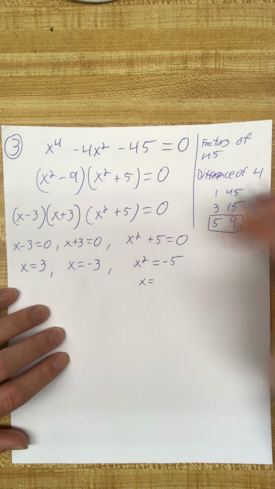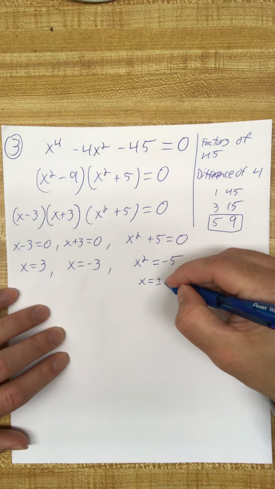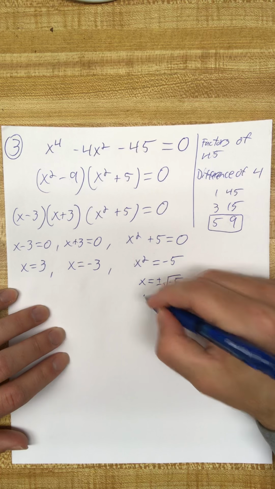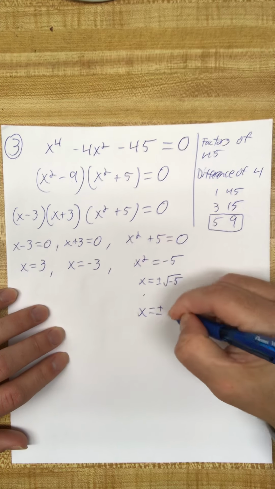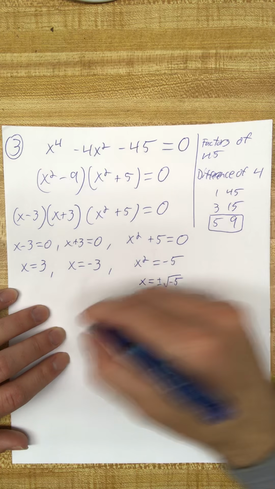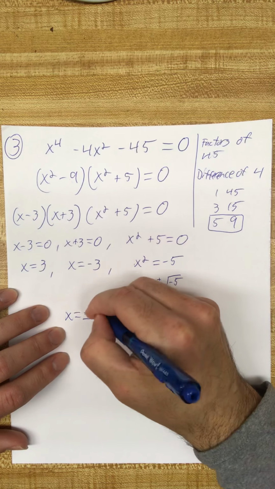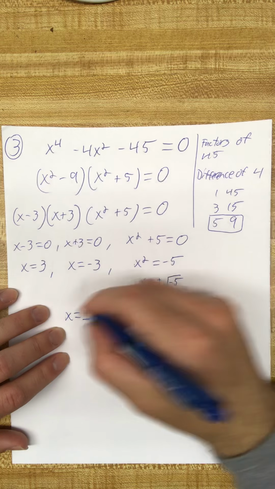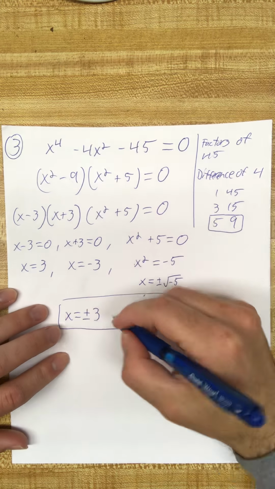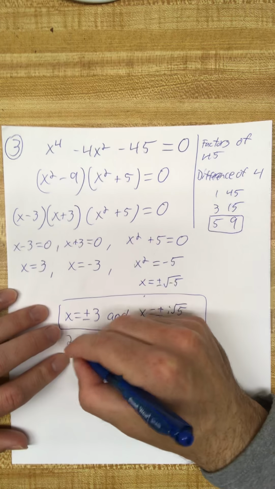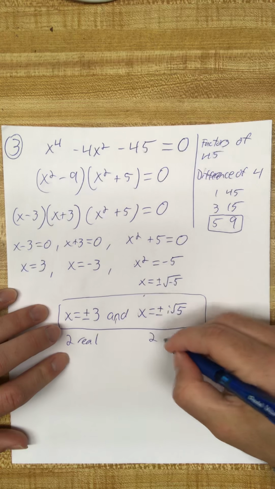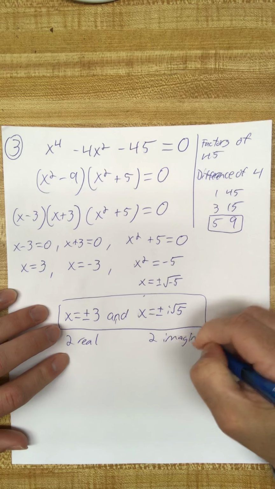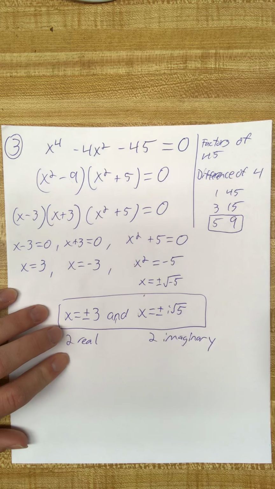That's bad news. x squared can't equal a negative, so positive and negative square root of negative 5. So x equals positive and negative i root 5. So 2 real, 2 imaginary to make up our 4 total solutions.